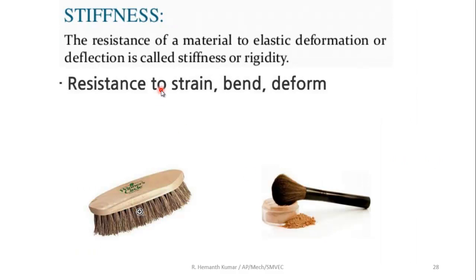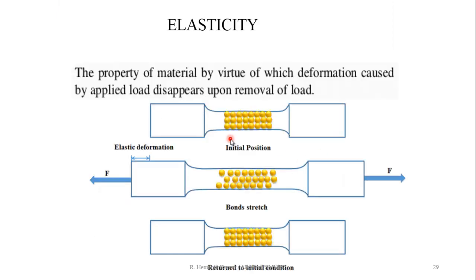Then stiffness is nothing but a property of material which is resistance to elastic deformation. It will not bend or deform. So stiffness is one of the important properties. Then elasticity. Elasticity is nothing but coming back to its initial condition.